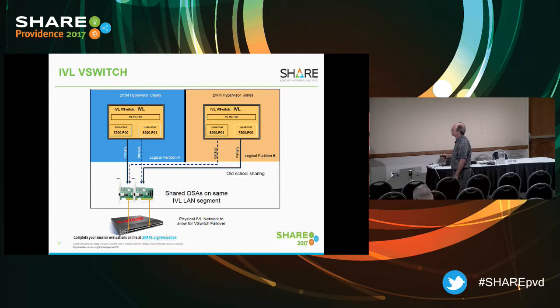They both called it IVL. This one over here says its primary is 7200 port 0. Its backup is 8200 port 1. Over here, its uplink primary is, again, 7200 port 0, 8200 port 1. So they're using the same ports for backup and primary.